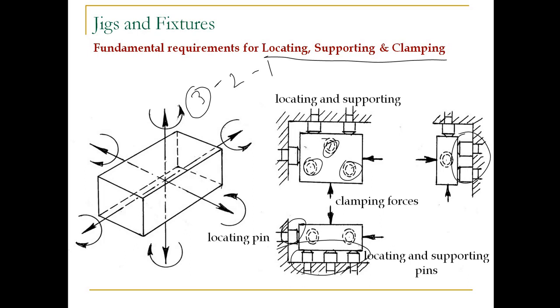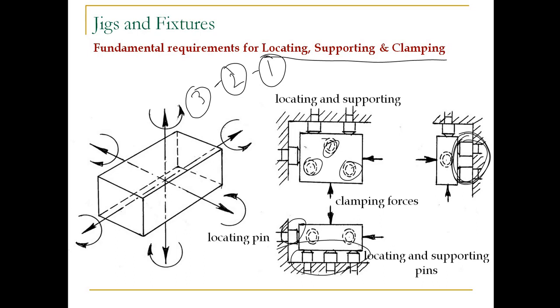From sideways it will be like this, right? And finally, if we talk about clamping, there will be one clamping pin from the top, so that it becomes the 3-2-1 principle.